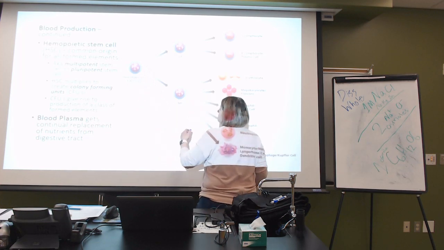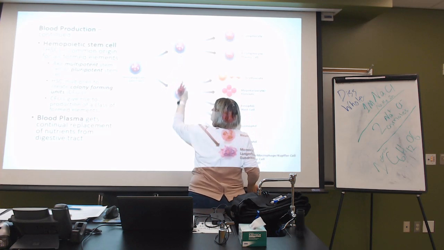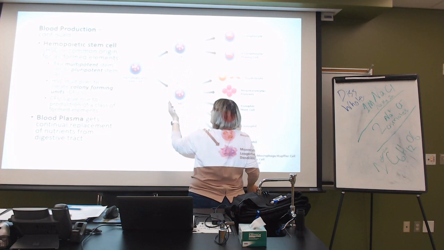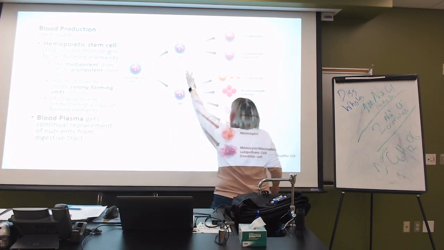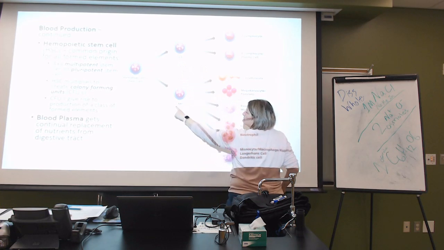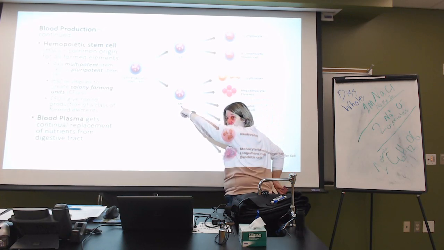So now, what's going to happen is it's going to form some colonies. I'm going to have a colony for my L's, lymphocytes, and I'm going to have a colony for monocytes. Y'all see the L and the M?